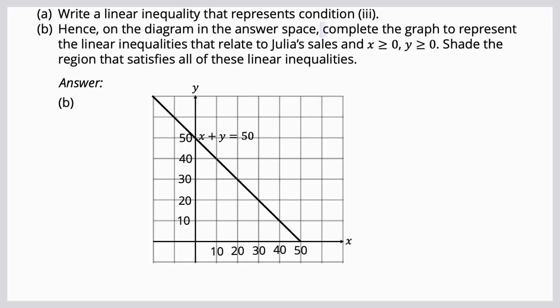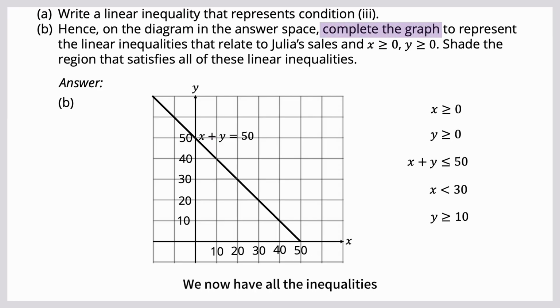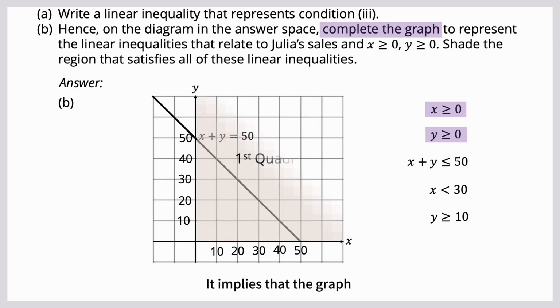B. Complete the graph. We now have all the inequalities. Since x is greater than or equal to 0, and y is greater than or equal to 0, it implies that the graph only makes sense in the first quadrant.